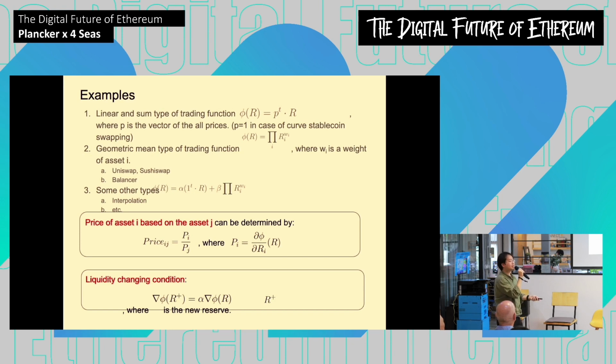Okay, so this is the example of how they try to capture what's in Uniswap and Curve Finance and Terra chain. In the case of the trading function of the linear sum, the example is Curve stable, okay? So the function phi here is equal to the price.